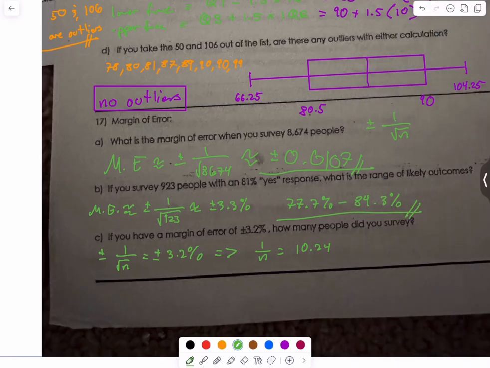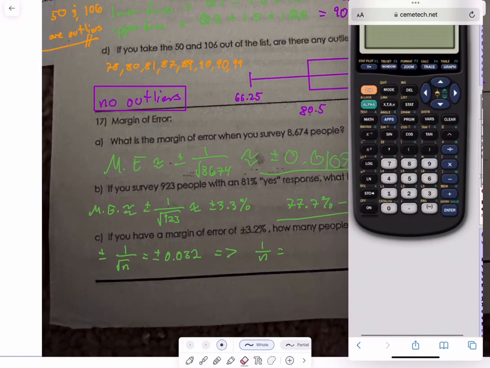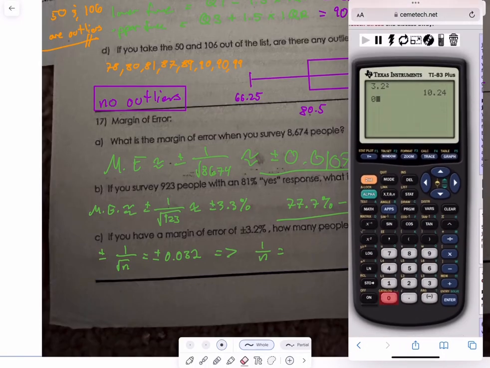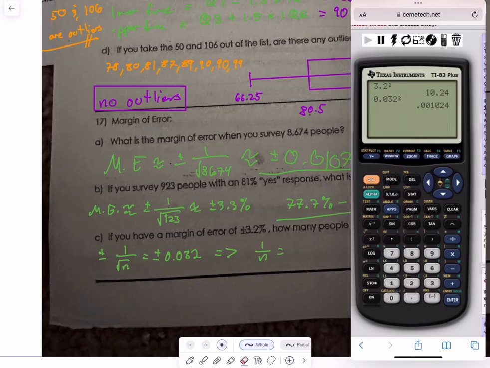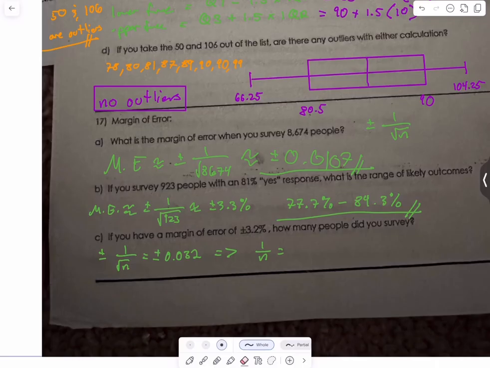Okay, right here. So 3.2% as a decimal is 0.032. Now when we square both sides, 0.032 squared is 0.001024.